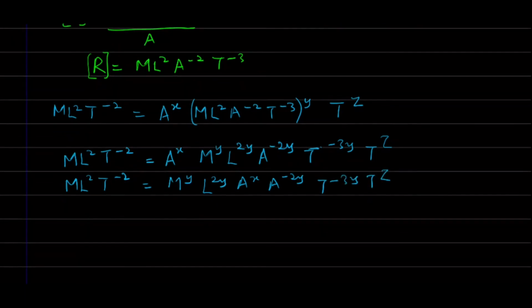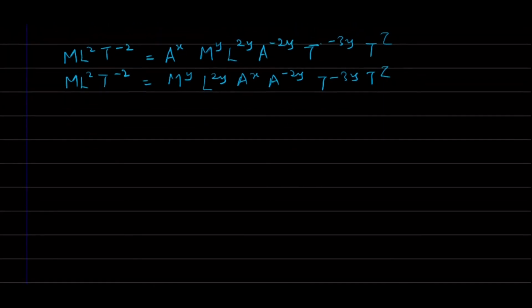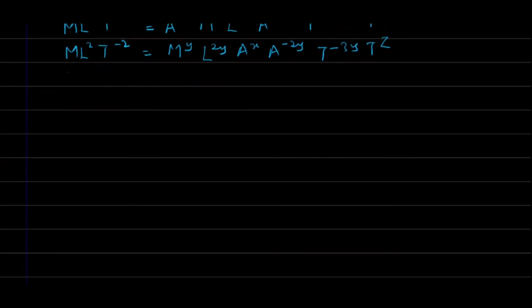Since we have this, the next thing is to perform indices. ML²T⁻² will give us M^y, L^2y. Then we have A^x, x plus minus 2y will give us x minus 2y. Then T^-3y plus this will give us T^(-3y+z).